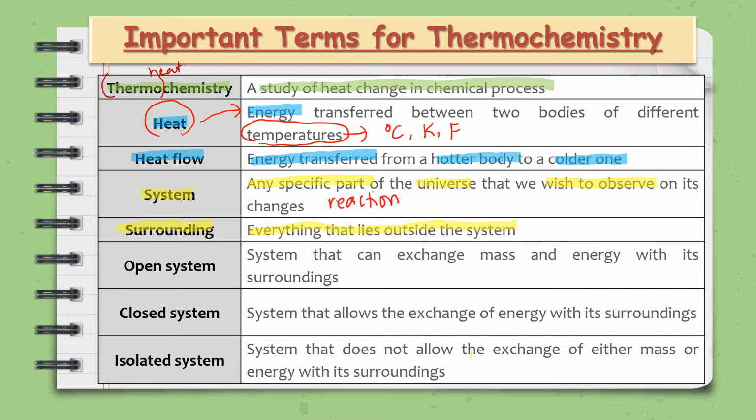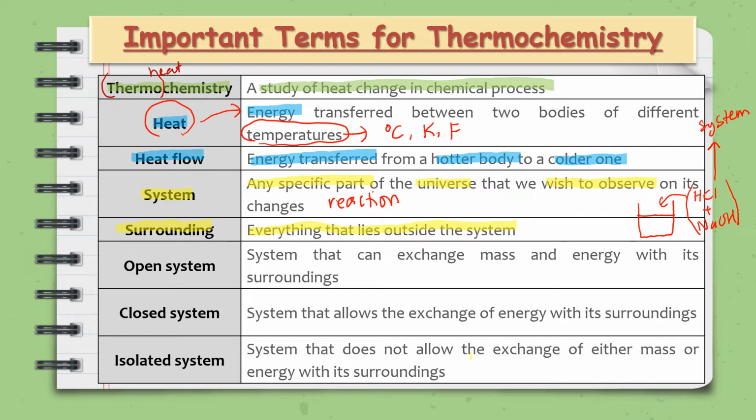To make it simple, for the system and surrounding, let's say I have a beaker, where inside this beaker I put HCl and NaOH. So I have a solution inside here, and HCl and NaOH will undergo a neutralization reaction. So this is my system. When this reaction occurs, it will produce heat.